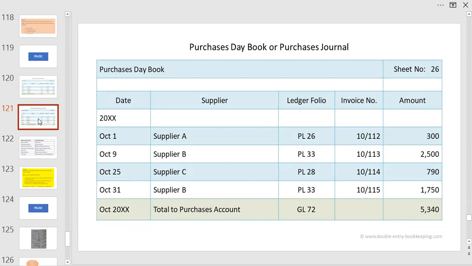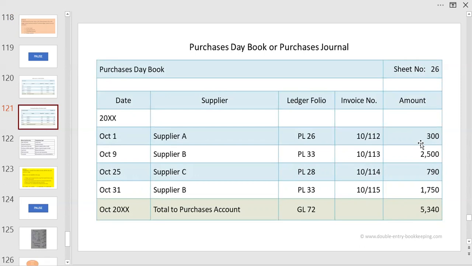Leave alone the other details. Now the name of the supplier is entered. When you buy things on credit, the amount spent is entered there without making a double entry. You know that the day books are introduced in order to reduce the workload. Otherwise, for every entry you will have to say debit purchases account, credit supplier A, debit purchases account, credit supplier B. Like this, we will have to keep on doing it.